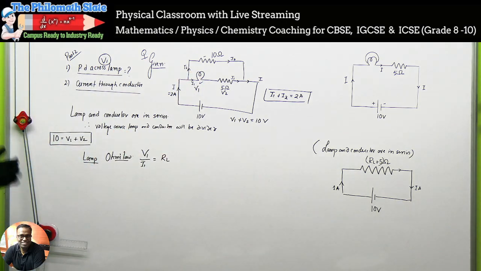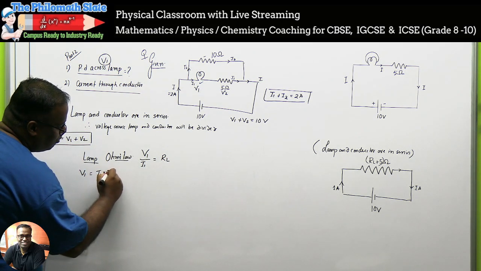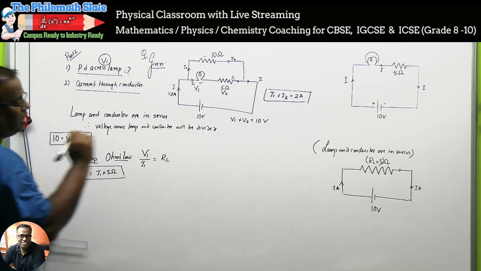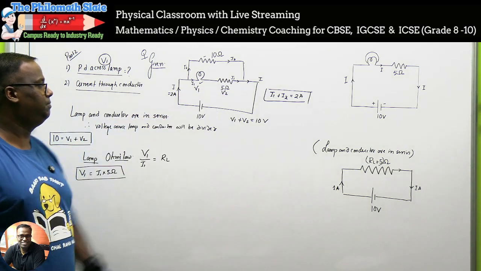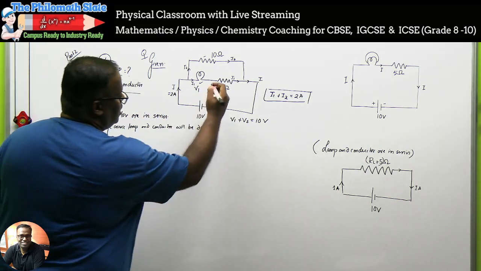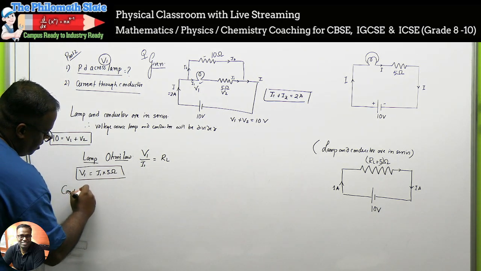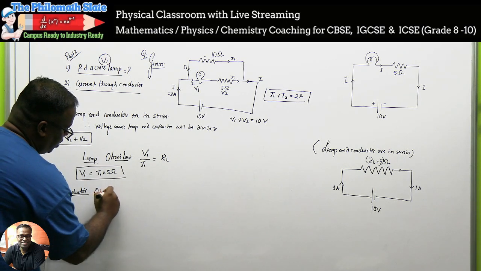We don't know V1. V1 is equal to I1 into 5 ohms. I have written another equation because RL you have calculated as 5. Now go here. Next is the conductor.